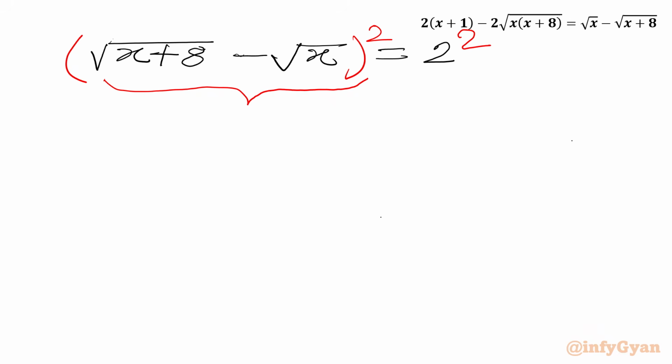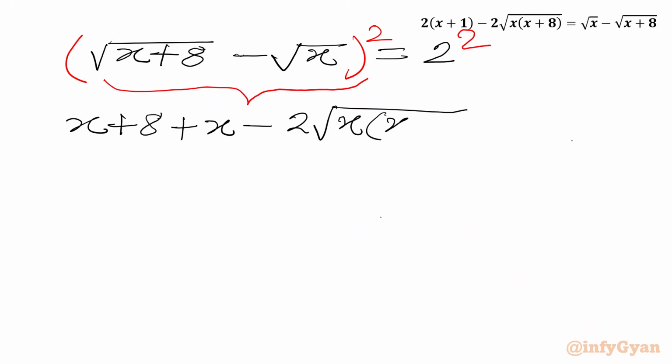Square of square root x plus 8 is x plus 8. Square of square root x is x, minus 2 times square root of x times square root x plus 8. We can write it as x times x plus 8 because both numbers are positive, equal to 2 square, which is 4.